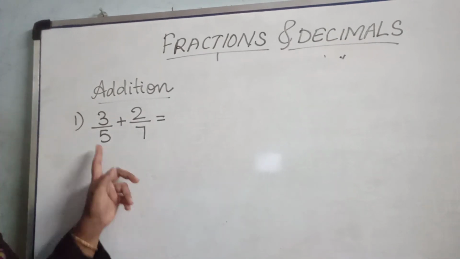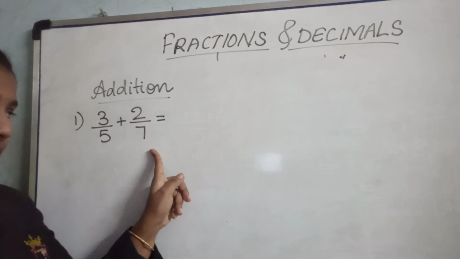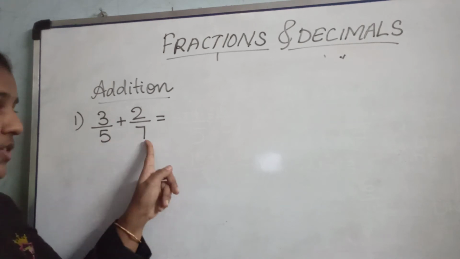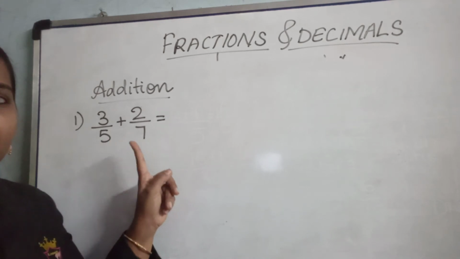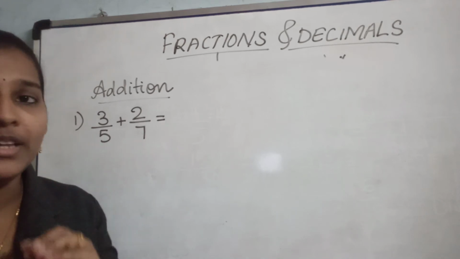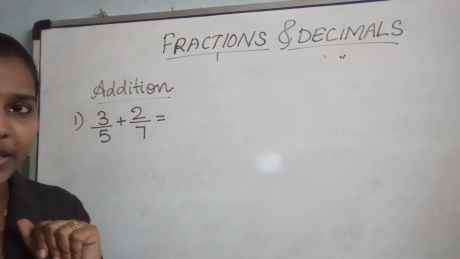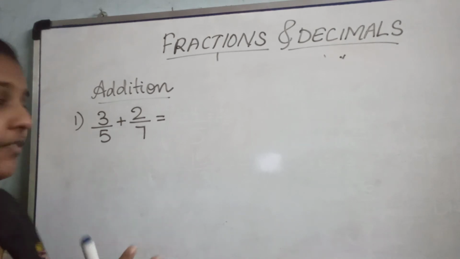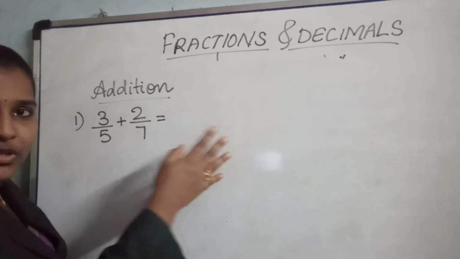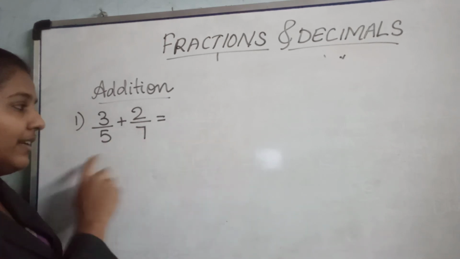Children, look at the next question. It's 3 by 5 plus 2 by 7. You can see that the denominators are not the same, so these are not like fractions. These are unlike fractions. So here we cannot add the numerators together and write the denominator like this.